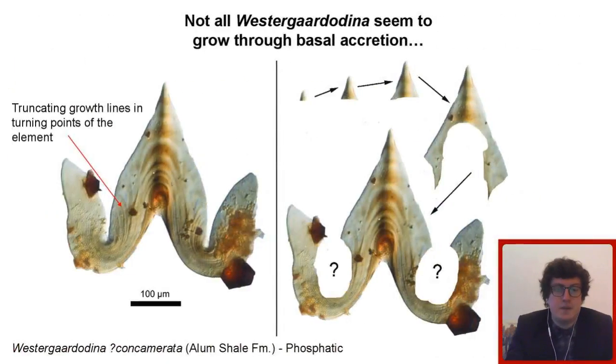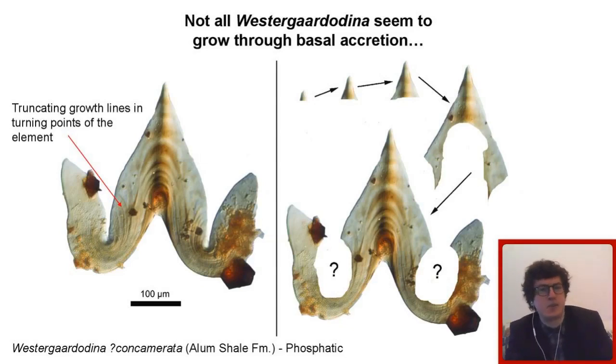And indeed, when we look at typically preserved phosphatic elements, so here's one we collected from the alum shale in Sweden, that's being imaged through oil immersion techniques, we again see these truncating packages within the turning points, and again can't seem to reconcile them with a basal accretion model.